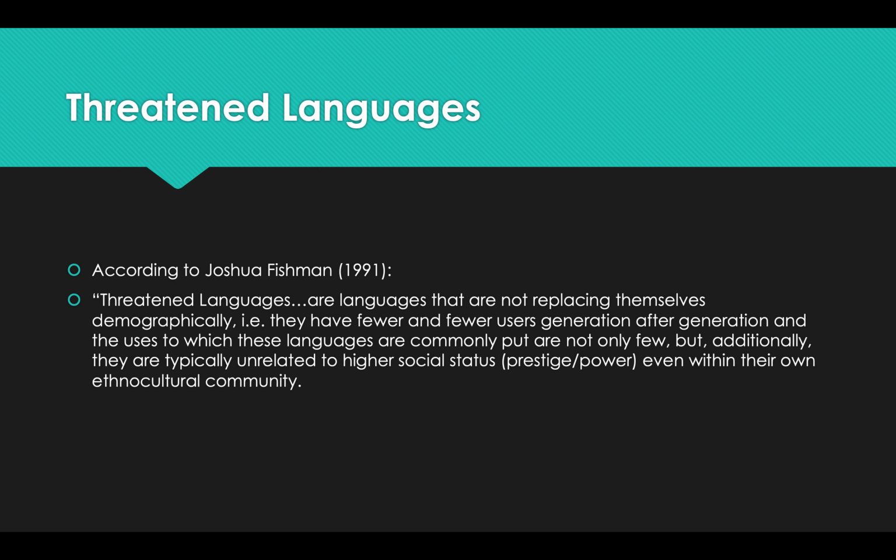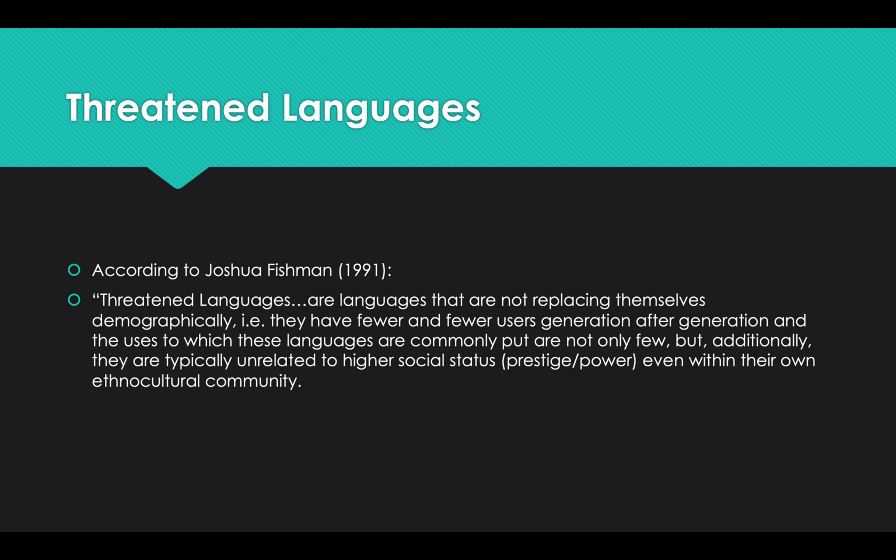So you can't talk about every single thing in the world in these languages. And the use of the language is not associated with high social status, and he says prestige and power, even within their own community.